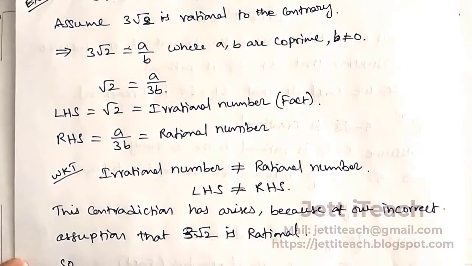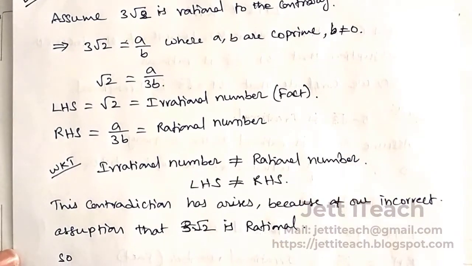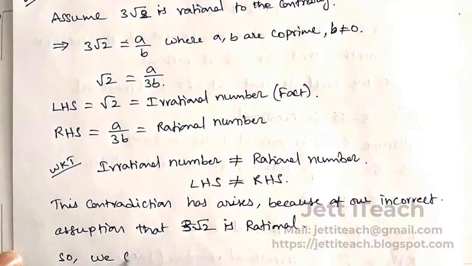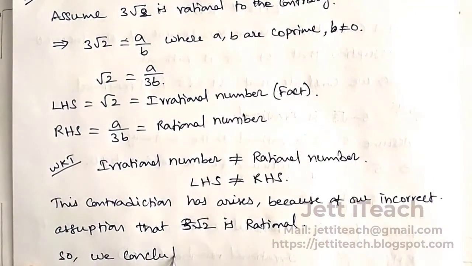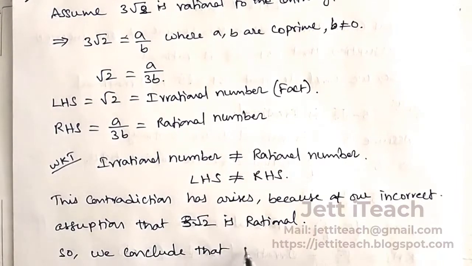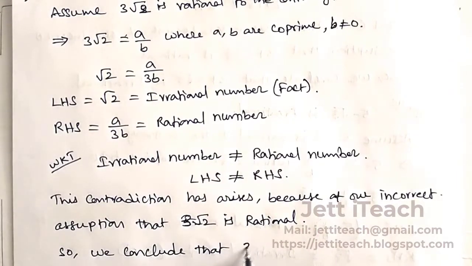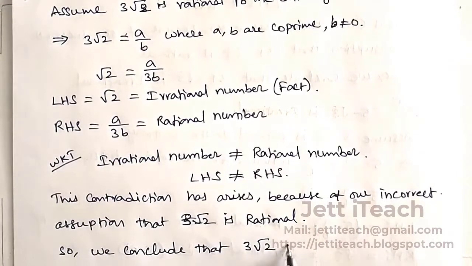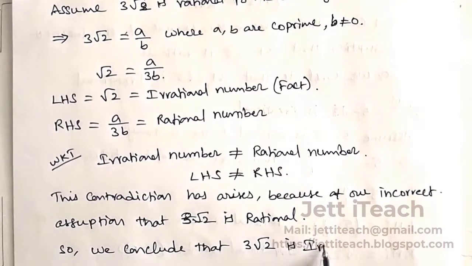So we conclude that 3 root 2 is irrational.